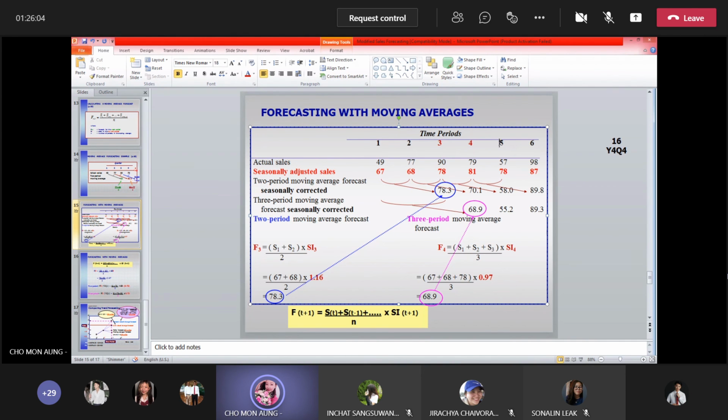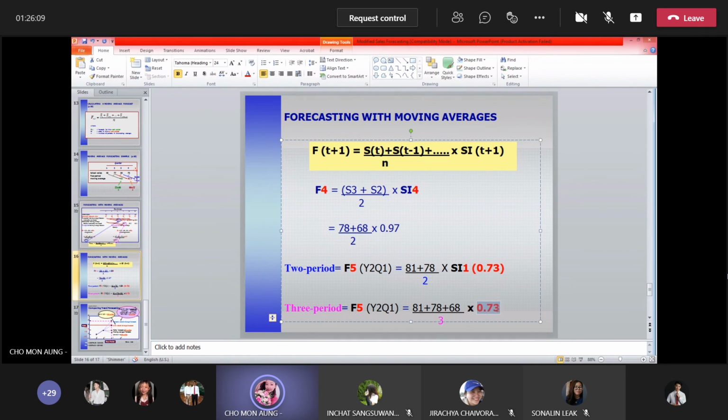But since this is period number 5, equivalent to year 2, quarter 1, then we multiply by seasonal index of quarter 1. Is that clear? Yes.